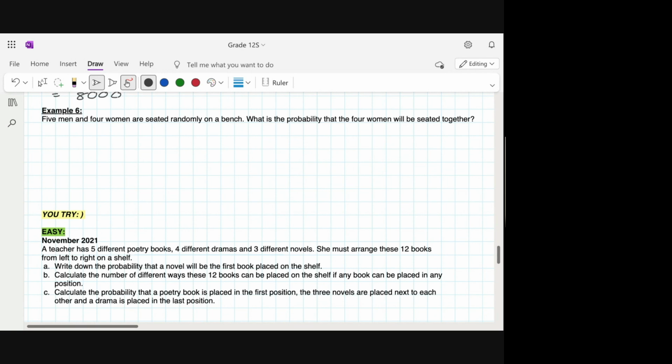All right. If we treat them as a block, we've got 5 men and 4 women. If we treat those 4 women as a block, there's my 4 women, and here's my 1, 2, 3, 4, 5. So block, block, block, block, block, block.